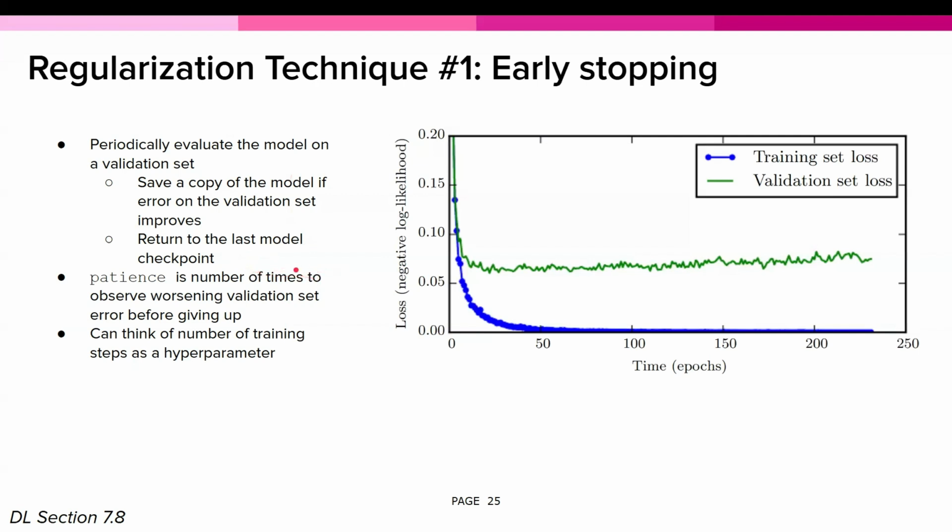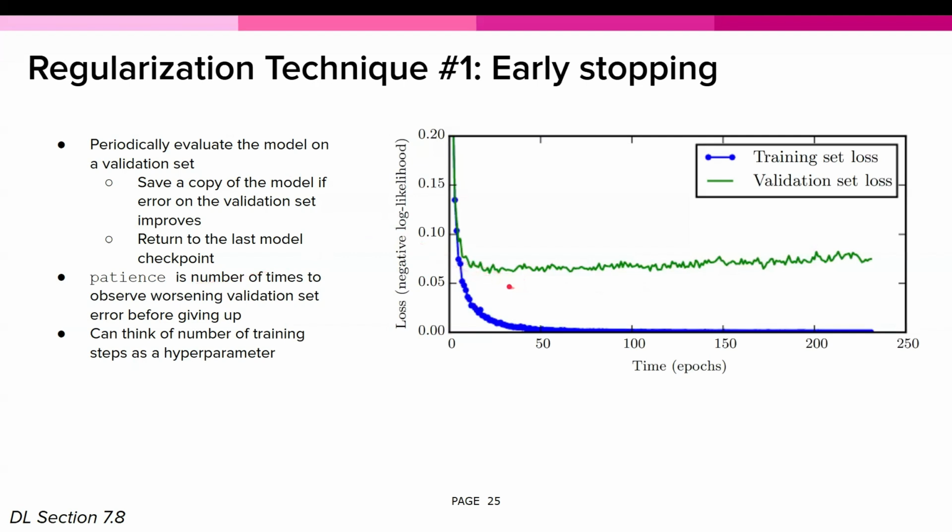This early stopping is built into a wide range of libraries. It's typically something that you can use just off the shelf. A lot of libraries include a hyperparameter called patience, which corresponds to the number of times to observe worsening validation set error before giving up.